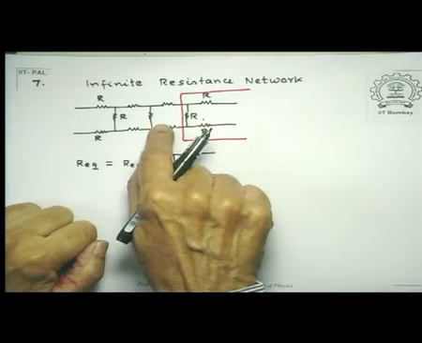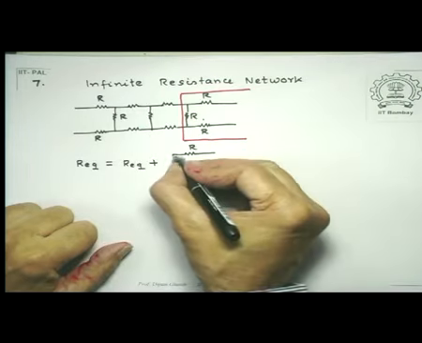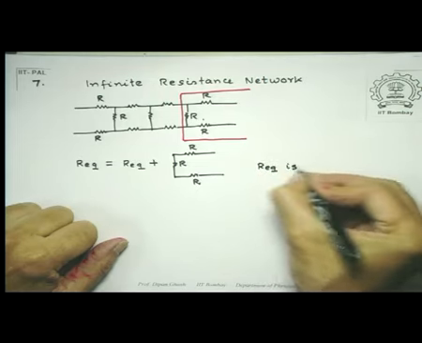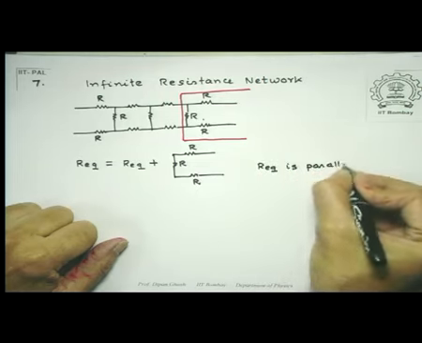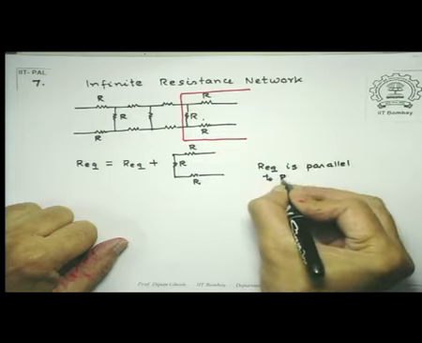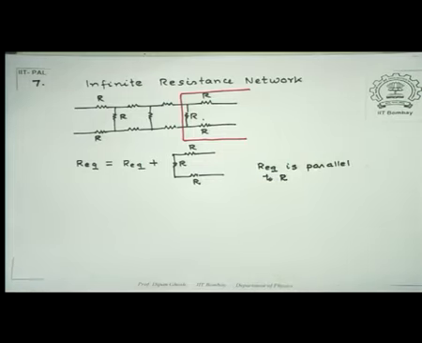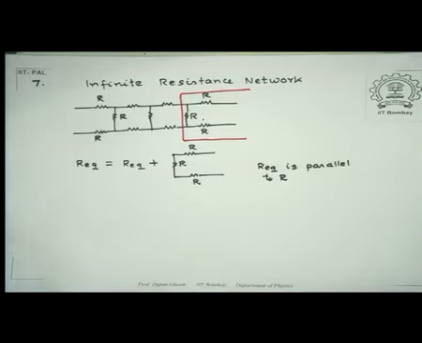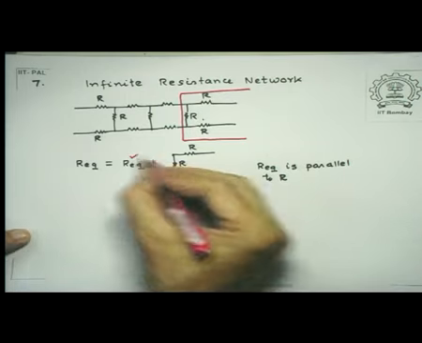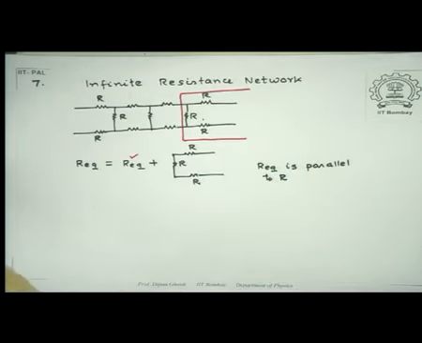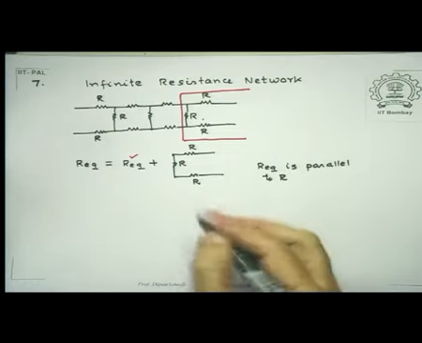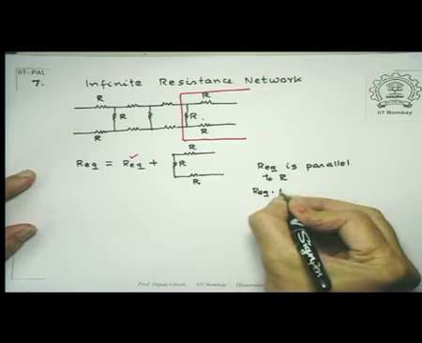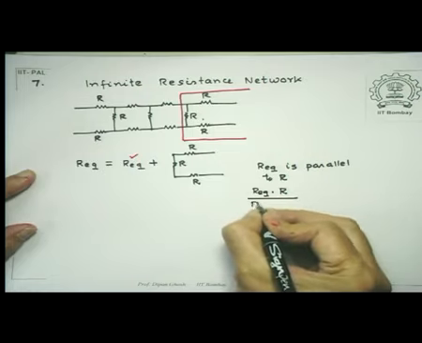This Req section has become parallel with this R. So Req is parallel to R. So therefore, the effective resistance that is coming from this section and that section, this R, is simply equal to, let's call this Req, the effective resistance Req into R divided by Req plus R.